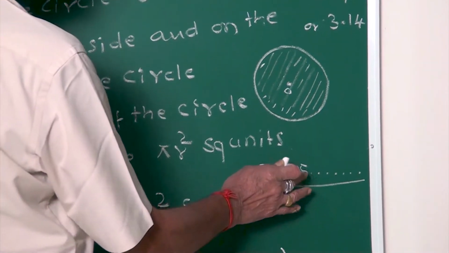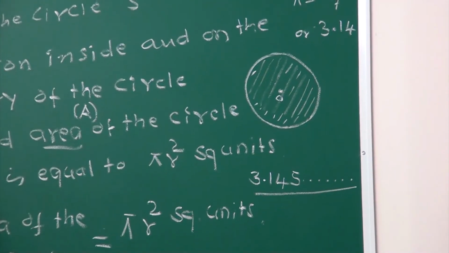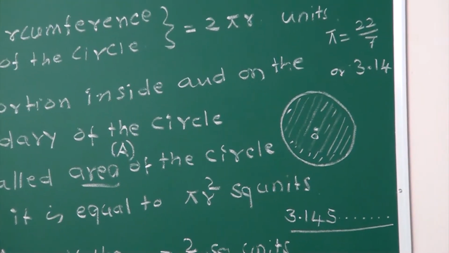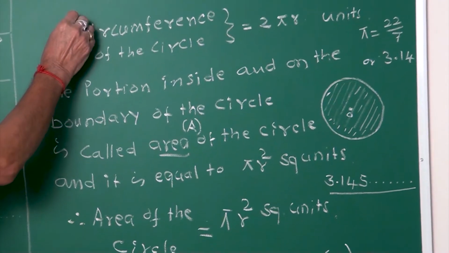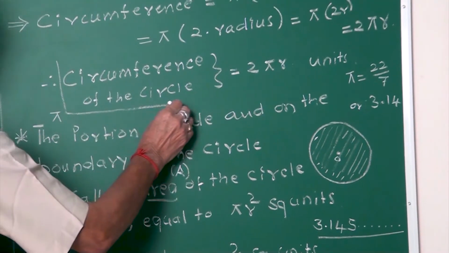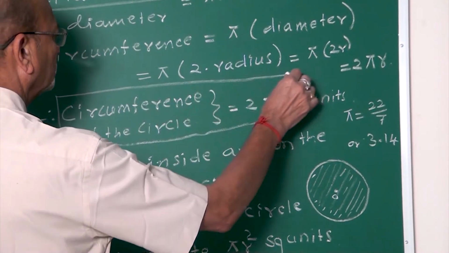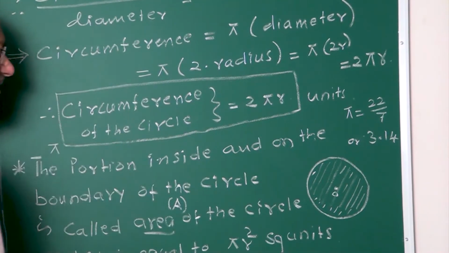It comes continuously like this, therefore its approximate value is this. This is about the circumference of the circle. The circumference of the circle is 2 pi r units.